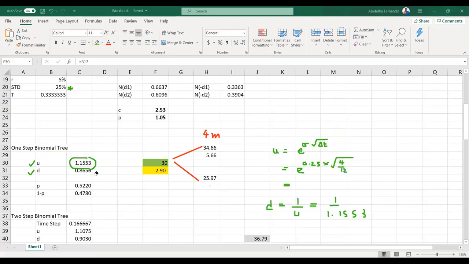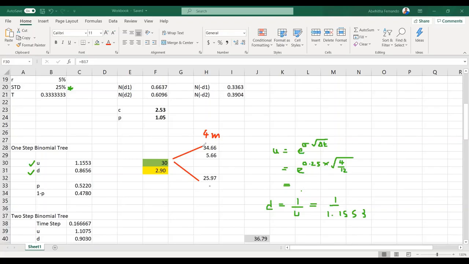The value of D would be 0.8656. If you divide 1 by U, you will get 0.8656 as the value of D. Based on that, you can do the calculation and find out what the stock price would be. That will be the next step.